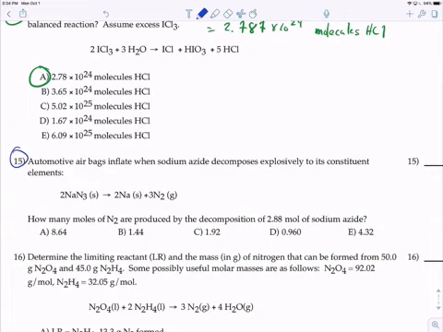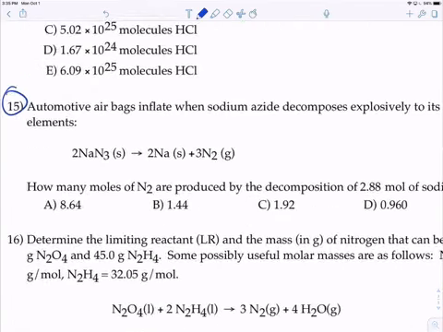Probably loving this one. The sodium azide. And there's a problem exactly like this in the test, except the numbers are changed. So, azide reacts to form sodium plus 3 nitrogens. How many moles of N2 are produced with 2.88 moles of azide?